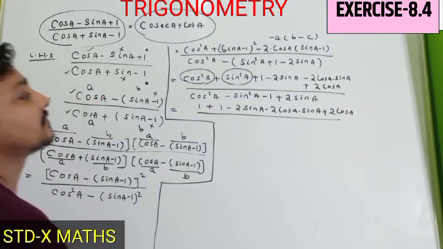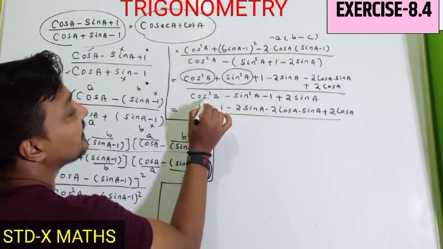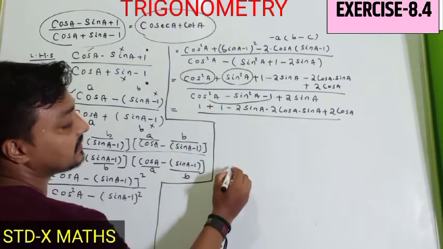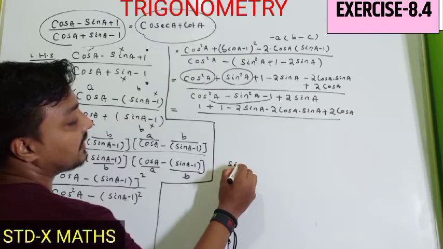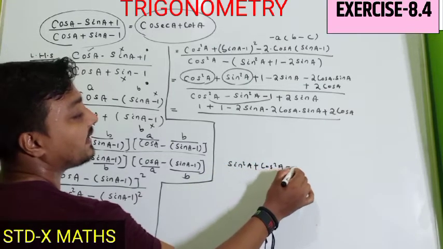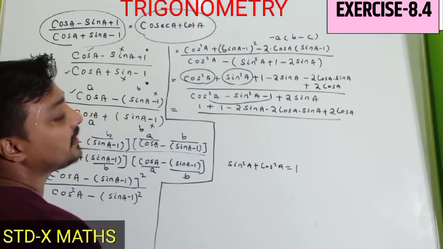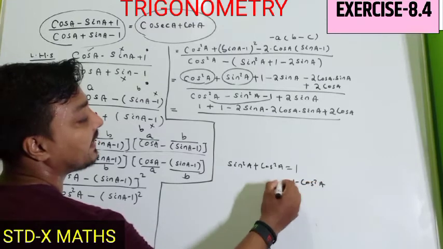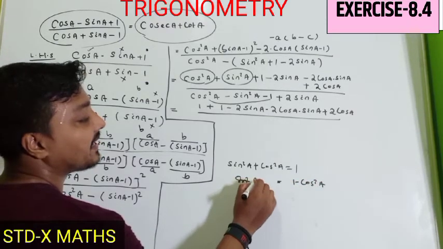divided by, see here it is cos square a minus 1. Sin square a plus cos square a is our 1. So 1 minus cos square a is our sin square a.